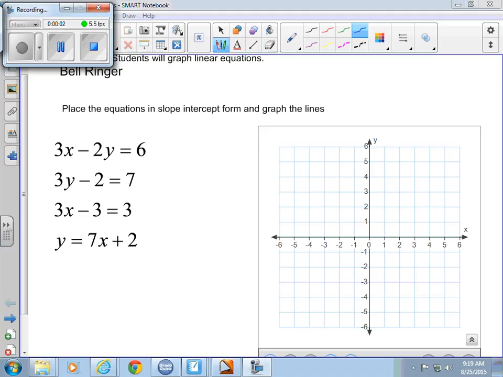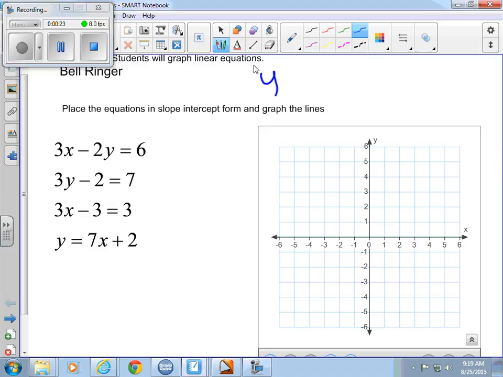to put lines in slope-intercept form and graph them. So this is more Algebra 1 review. Does anyone remember what slope-intercept form is? Y equals mx plus b.